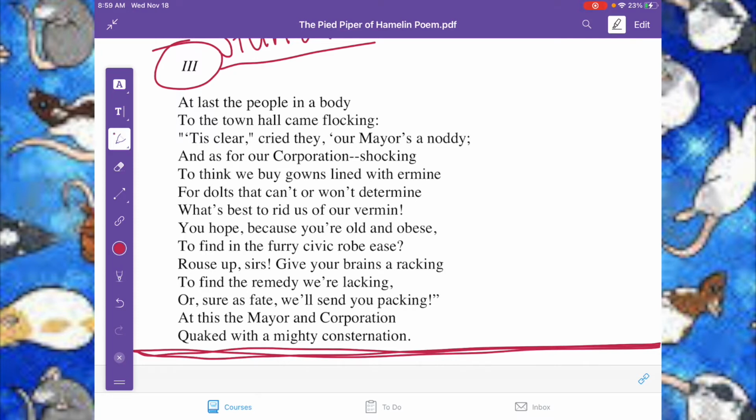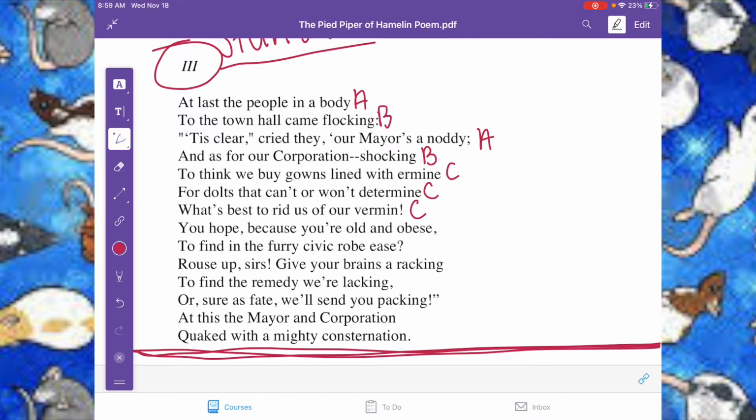All right, so let's do a little rhyme scheme action here. We have body, noddy. That looks like all for those rhyming words. Let's do flocking, shocking. All right, ermine, determine, vermin.